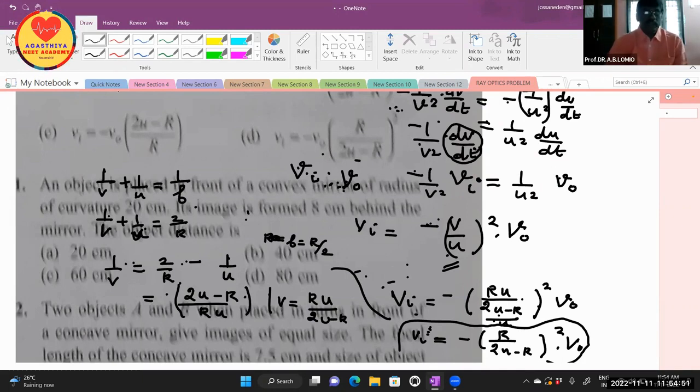Understand? Any doubt? Okay. The option is D. So, if you want to calculate the velocity of the image and the velocity of the object, you have to differentiate the mirror formula with respect to time, provided f is constant.